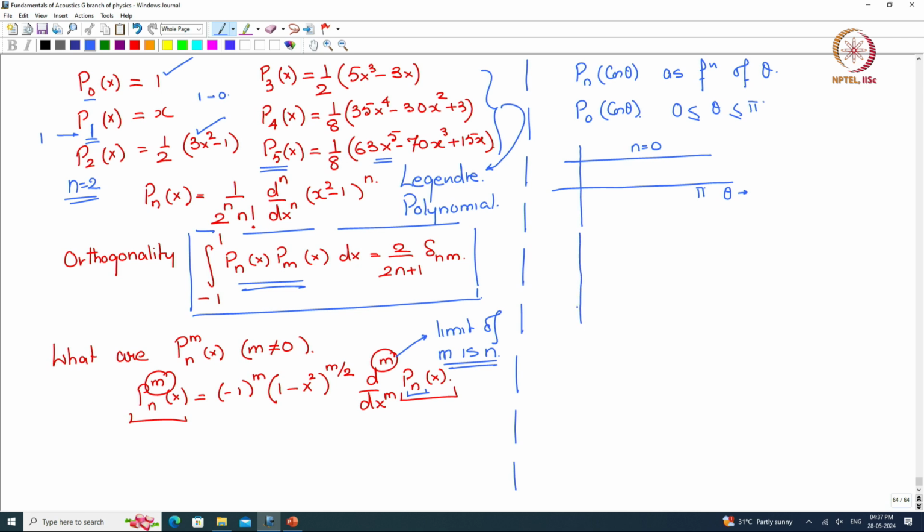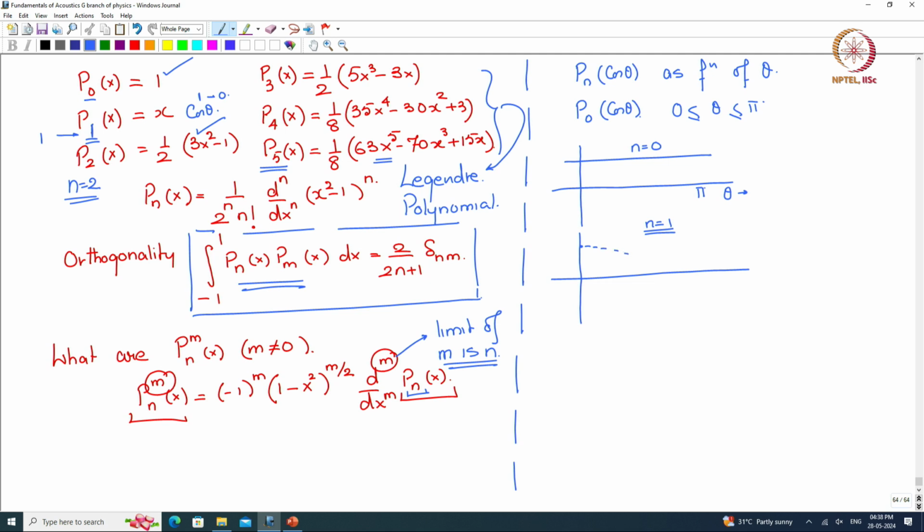If I now have n equal to 1, it is x, that means x is cos theta, right? So if x is cos theta, how will it look? At theta equal to 0, it is plus 1, and at theta equal to pi, it's minus 1.